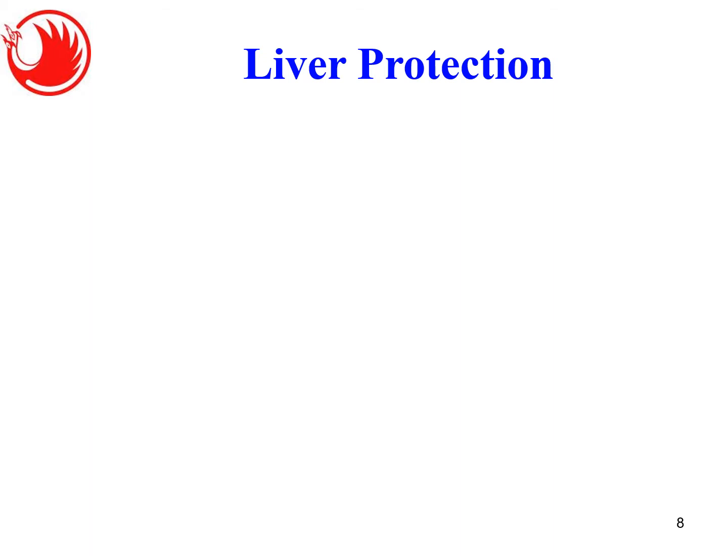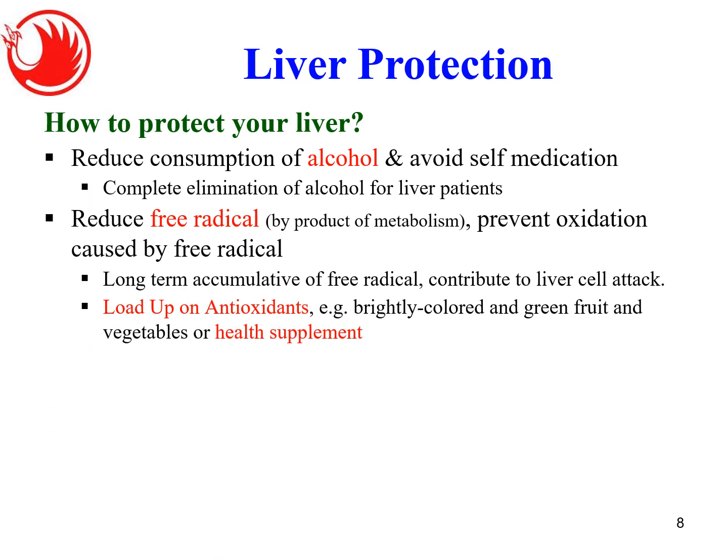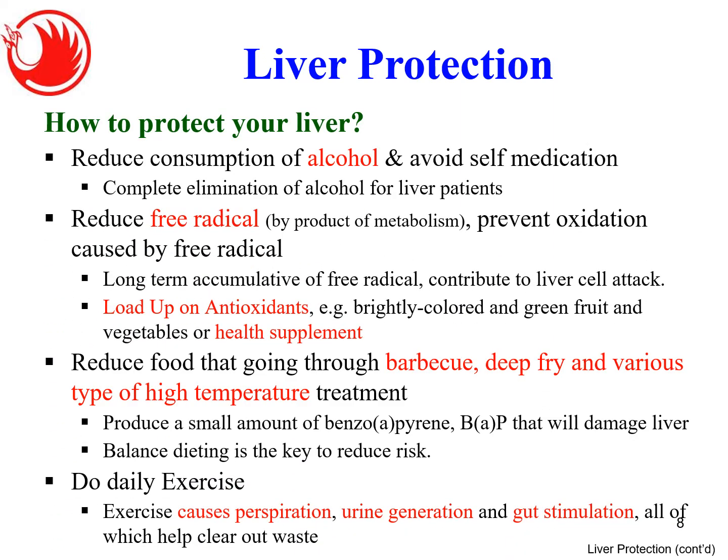Okay, how can we protect our liver? There are a few ways that we can protect the liver. First one is to reduce the alcohol, or best to stop alcohol completely. Also avoid self-medication.